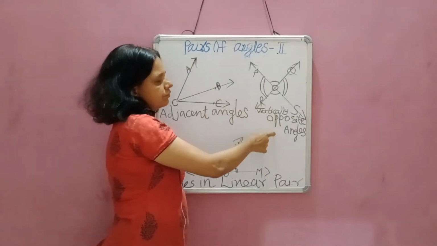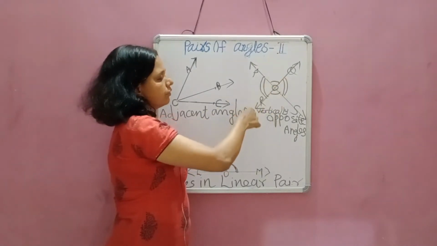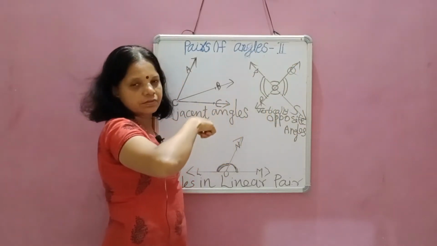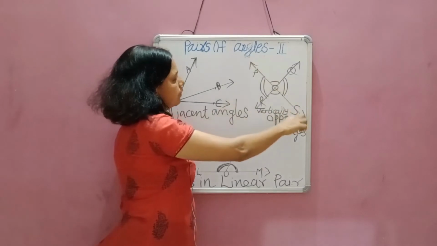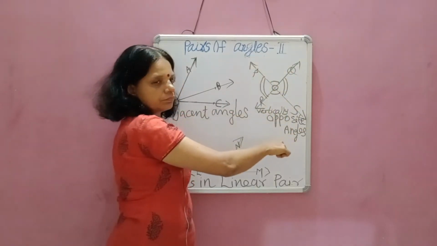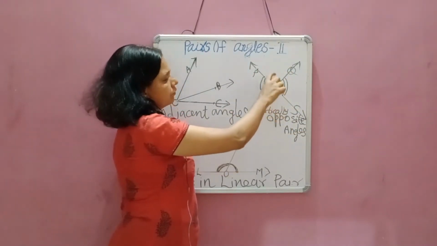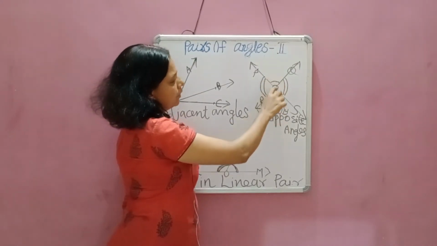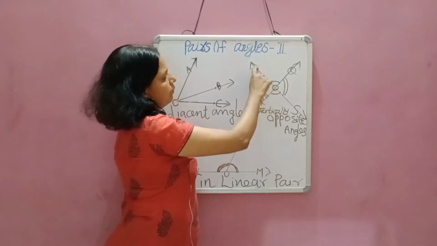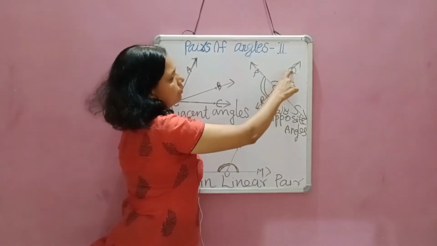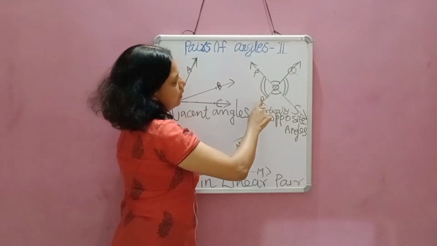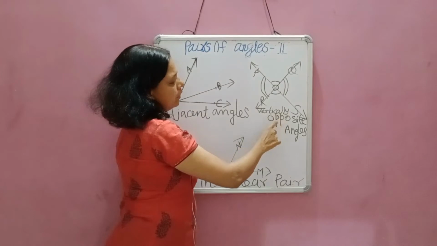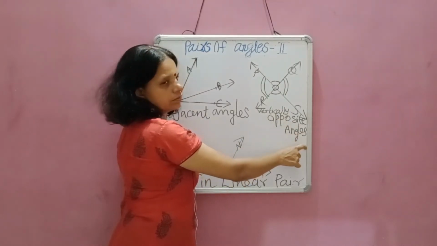Now comes the next figure. Here you can see a figure with two lines intersecting each other. When two lines intersect each other, two pairs of angles are formed, which the identical marks represent. See here, angle POQ and angle ROS are called vertically opposite angles.